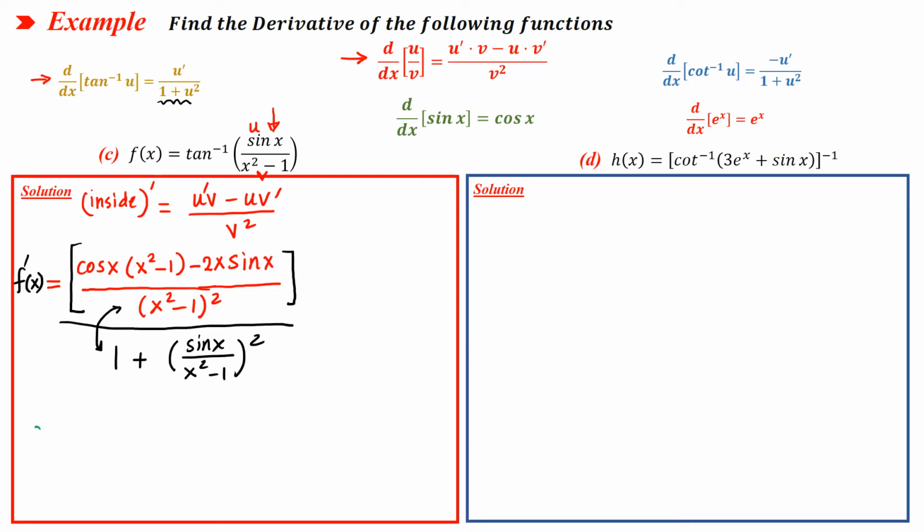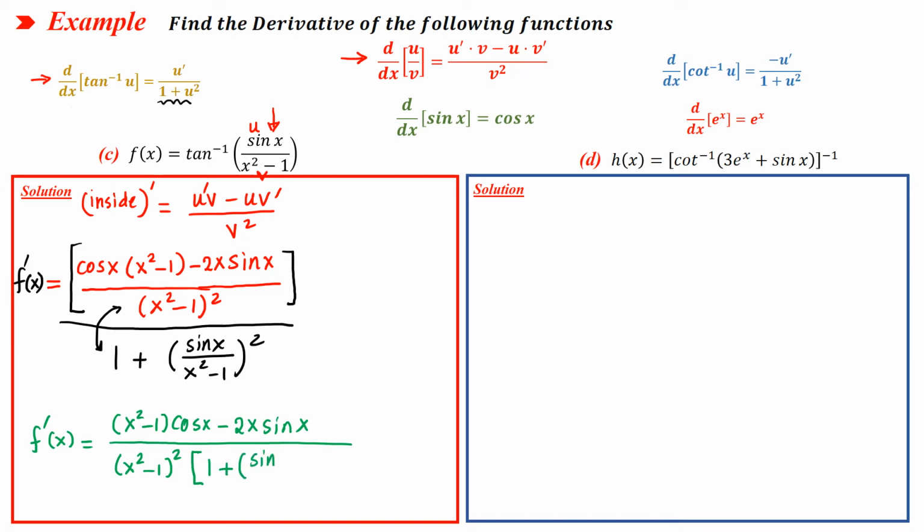So f prime of x in the last form equals x squared minus 1 multiplied by cosine x minus 2x sine x, divided by x squared minus 1 squared multiplied by the big function 1 plus sine x over x squared minus 1, squared.